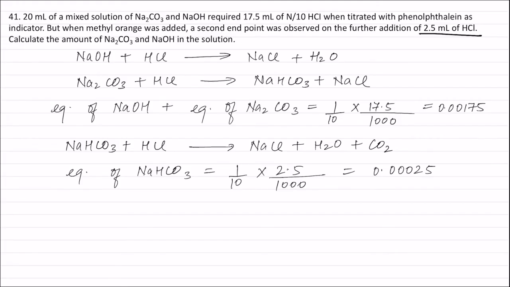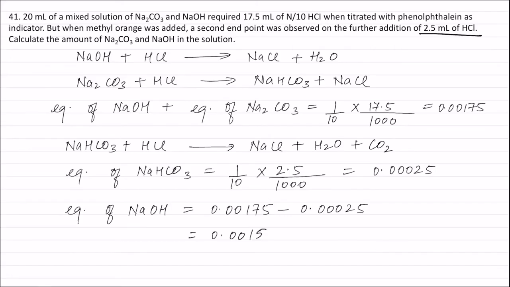Therefore, putting the value of equivalents of sodium carbonate, we get equivalents of NaOH is equal to 0.00175 minus equivalents of sodium carbonate, that is 0.00025 equivalents, and this is equal to 0.0015 equivalents.